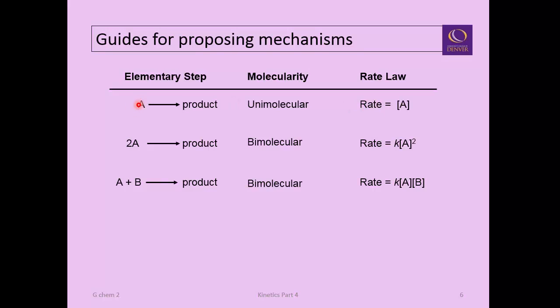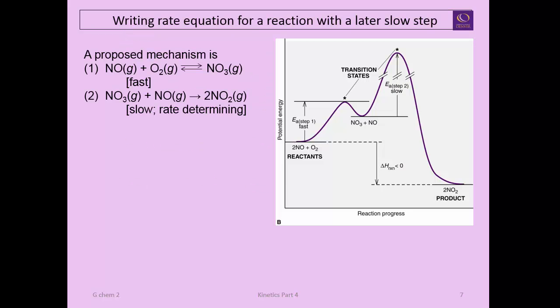A coefficient of 1 in front, it's first order. If there's a coefficient of 2 in front, then it becomes second order. Or if it's 2 molecules, then you get 2 molecules here. This still is an overall rate expression that's second order. So let's talk about this. How do you write a rate expression for a reaction with a later, slower step?